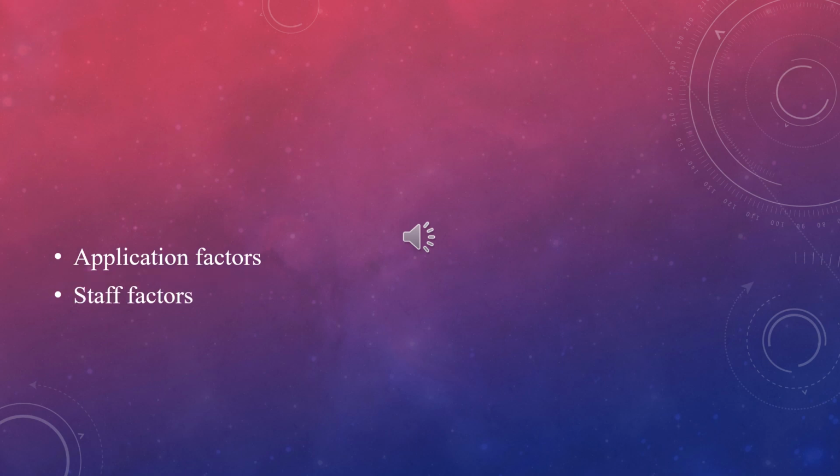Second category of factor is staff factors. The experience and skills of the staff involved are clearly major factors. An experienced programmer is less likely to make errors than one with little experience.